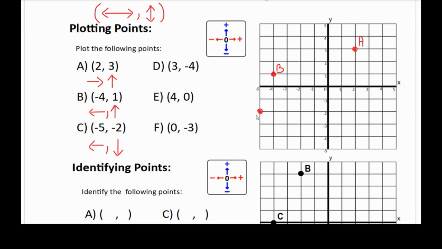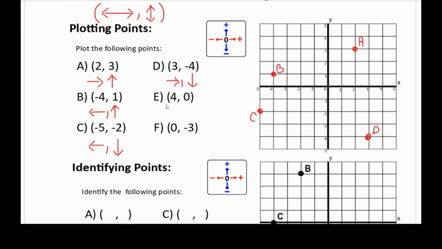And that will be point C. The letter D is +3 to the right and -4, so I go down. So positive goes to the right, negative goes down here. So let's start at the origin. 1, 2, 3, and then 1, 2, 3, 4, and that's my point letter D.